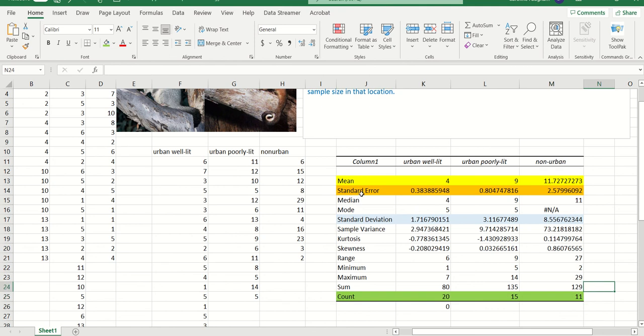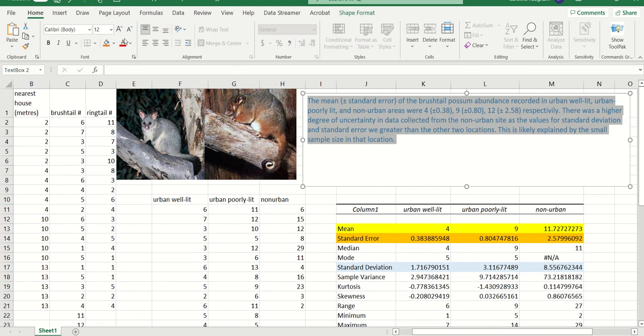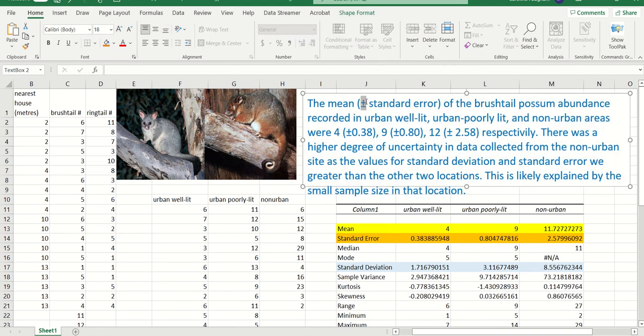So the mean, I'm just going to make this a bit bigger. The mean plus or minus the standard error, because standard error goes on both sides of the mean, so it could be a little bit more, a little bit less, of the brush-tailed possum abundance was recorded in urban well-lit, urban poorly lit, and non-urban areas.